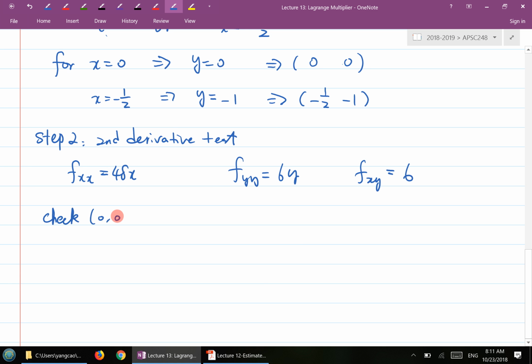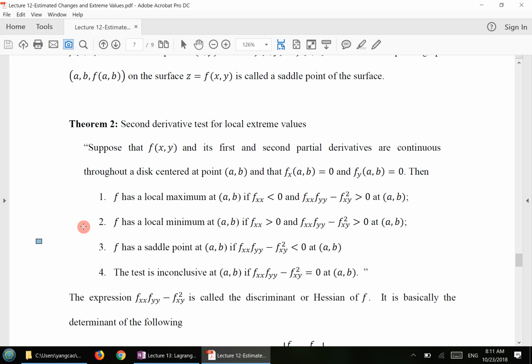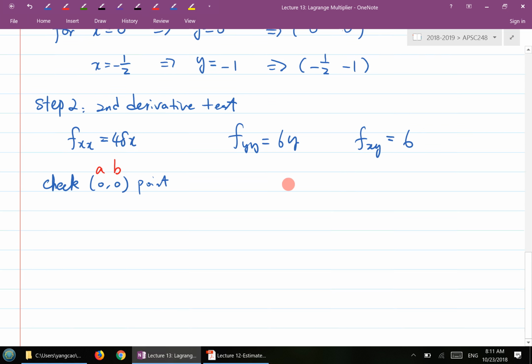This is the 0, 0 point first. So for the 0, 0 point, basically this is your A value, this is your B value here. Then you substitute this 0, 0 into fxx, fyy, and fxy. Okay, so that gives us fxx at 0, 0 equal to 0 here. fyy is apparently 0.